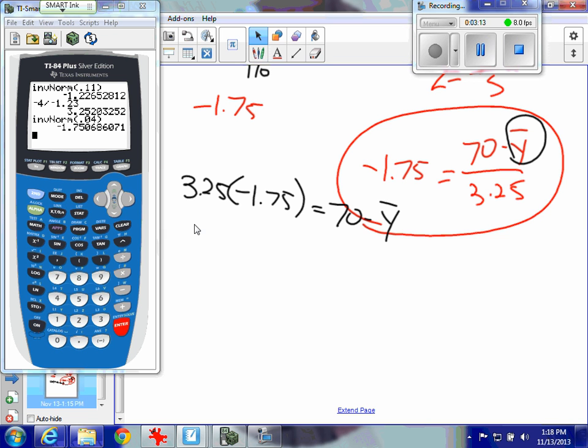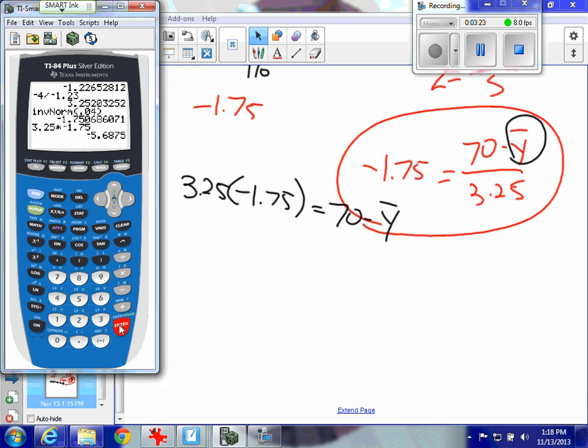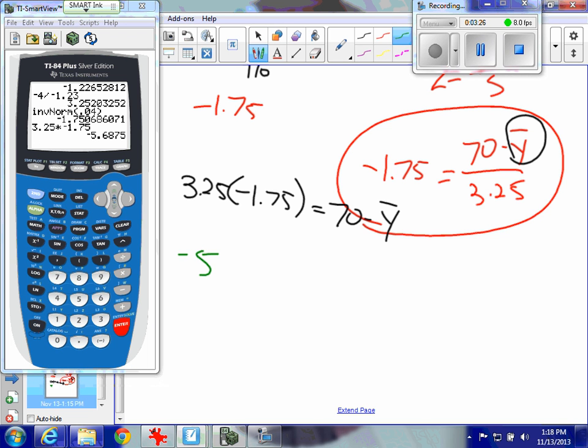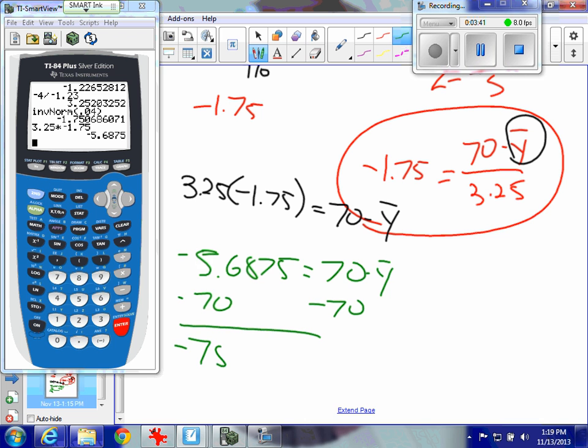So 3.25 times negative 1.75 gives me negative 5.6875 is equal to 70 minus y bar. I'll subtract 70 from both sides. So I get negative 75.6875 is equal to negative y bar.